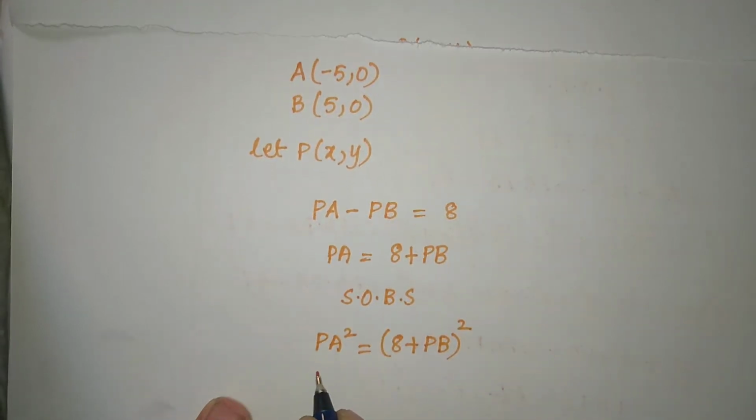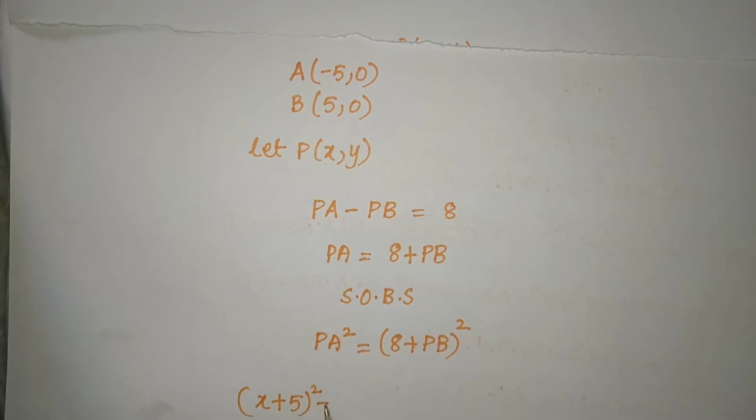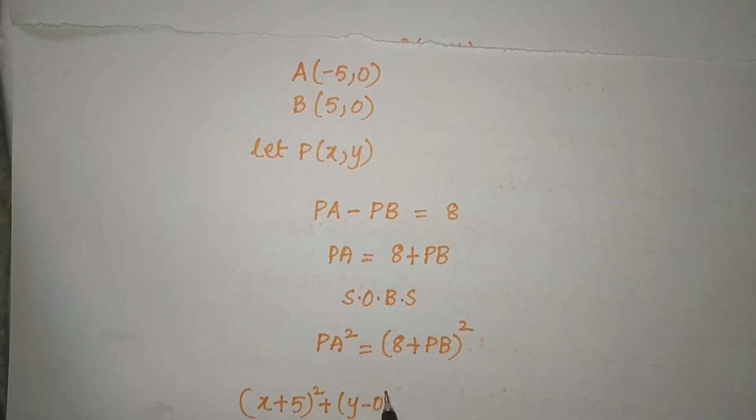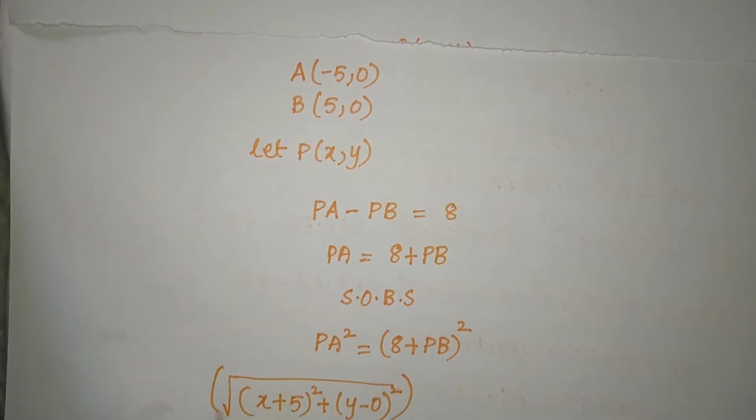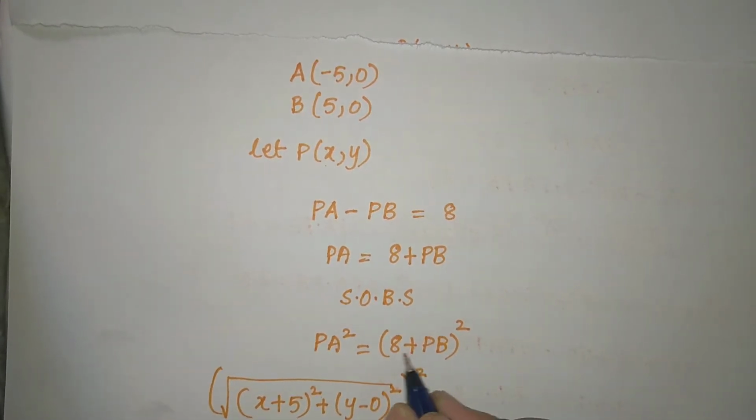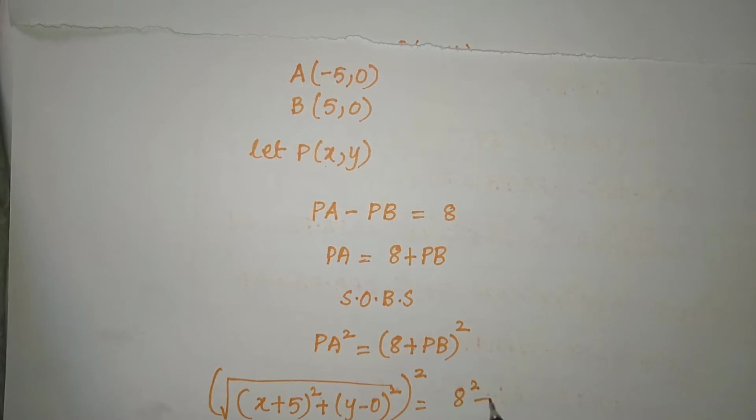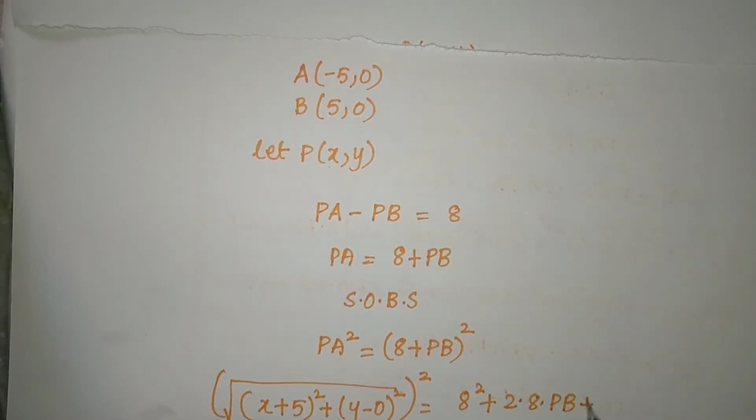So here, distance from P to A, x plus 5 whole square plus y minus 0 whole square, under root, we have square, is equal to, expand this, 8 square plus 2 into 8 into PB plus PB square.